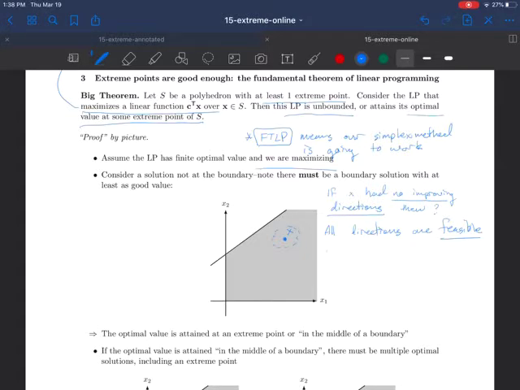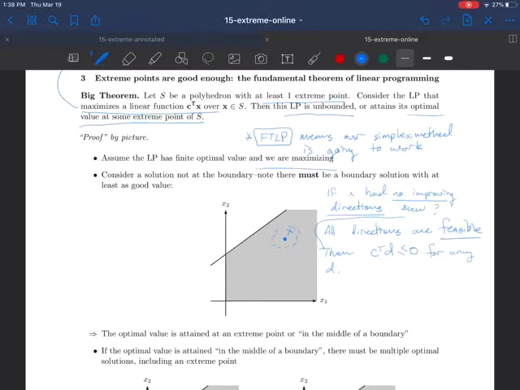Okay. If there's no improving directions, then what? Well, that means that c transpose d is less than or equal to 0 for any d, right? So anything pointing in any direction here has to have that.